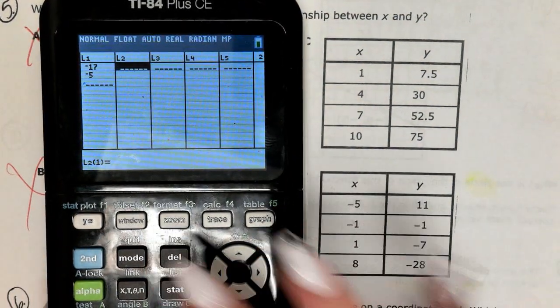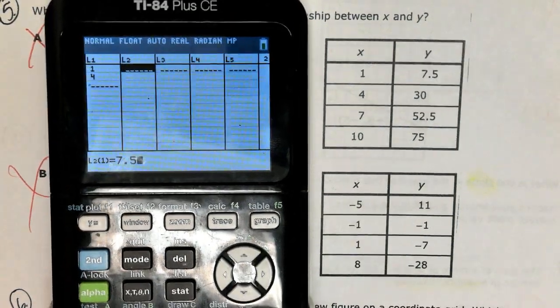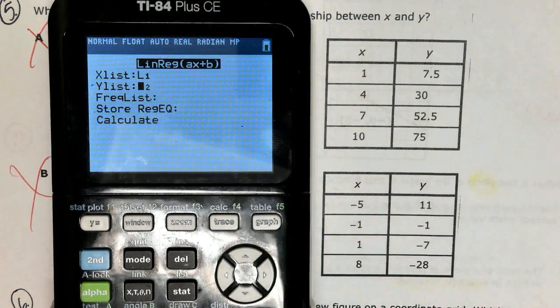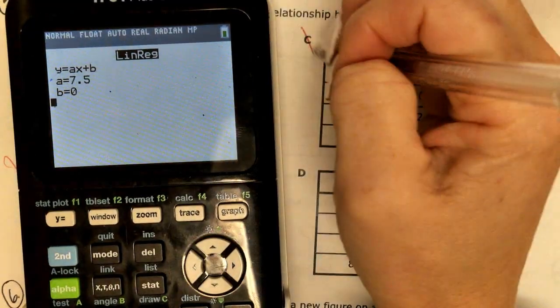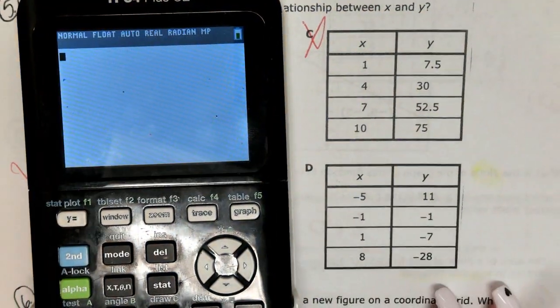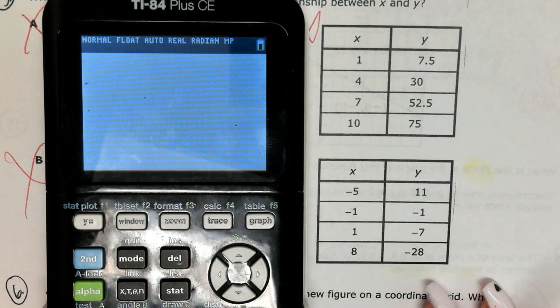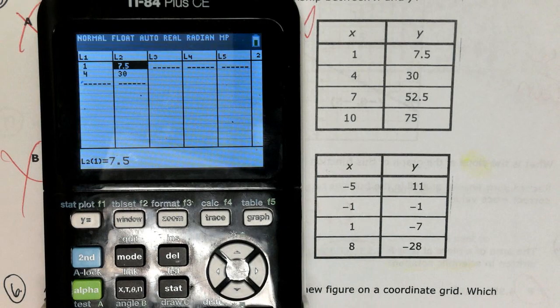Let's look at C. Stat Edit. 1 and 4, 7.5 and 30. Stat Calc. Does this one have a plus B? Now, my only issue is if none of them show up with a plus B, then I'm going to have to put in more coordinates.